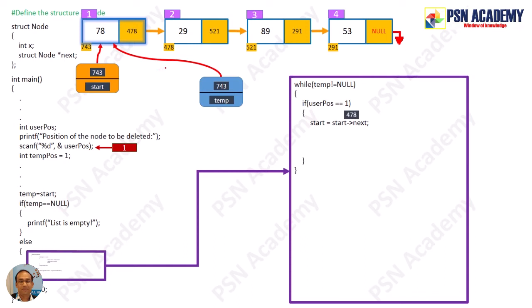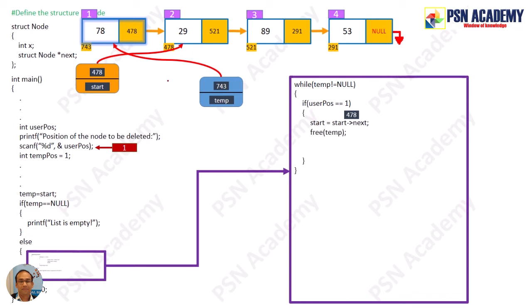So, start next will be 478. You see here that 478 is start's next one. So, it will be loaded with 478 now, and start will point to the node at 478. Got it?